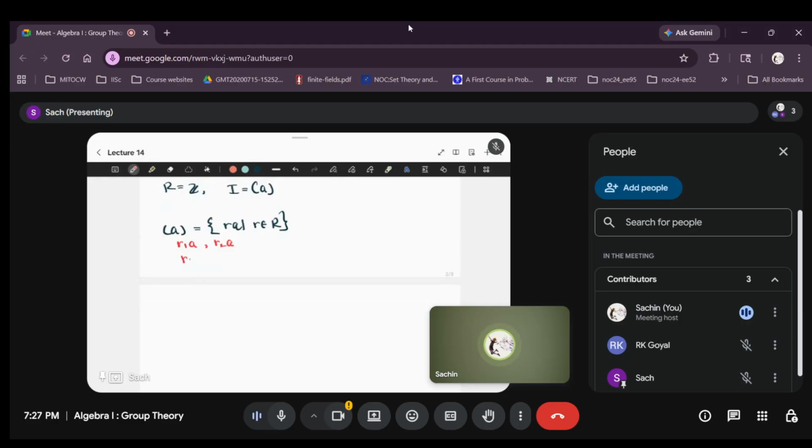And you add them, you get R1A plus R2A, which by distributivity is R1 plus R2 into A. But since R is a ring, R1 plus R2 is another ring element. So it is of the form some ring element into A. So this belongs to the set RA. It is of that form, right? So this is closed. Then you can always take 0 in the ring and multiply that with A, you will get 0. So 0 belongs to this set.